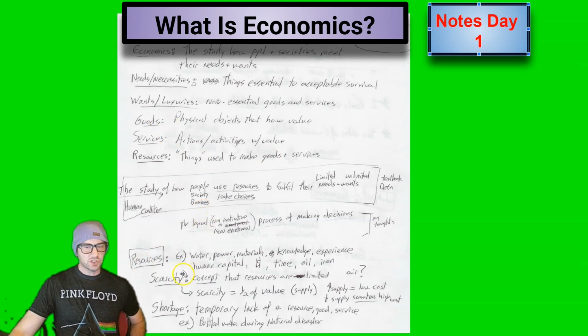Think of any raw material or anything used up in production, for example water, power, electricity, or materials such as iron and oil. But don't just stick to the physical stuff as resources. Knowledge is a resource. You need knowledge to produce some things. Experience is a resource. A specific term they use is human capital. Those are the workers.